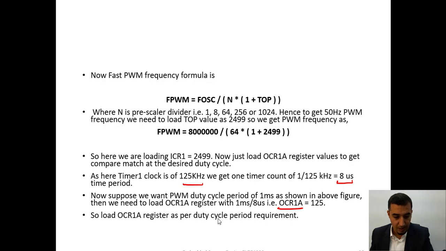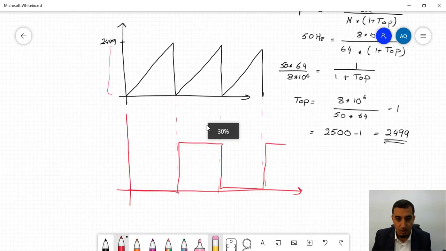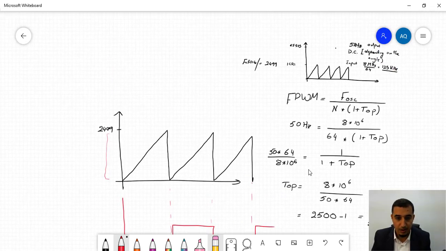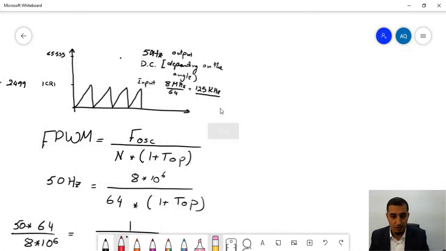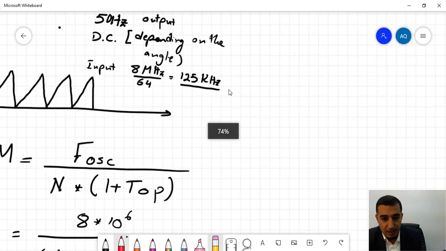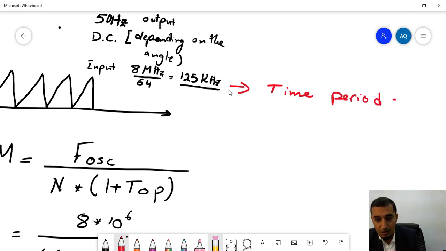What we mean to say is, timer 1, okay, I will go here. Timer 1, from this information over here, let me zoom back here. So my timer 1 is having a frequency of 125 kilohertz, or a time period of what?